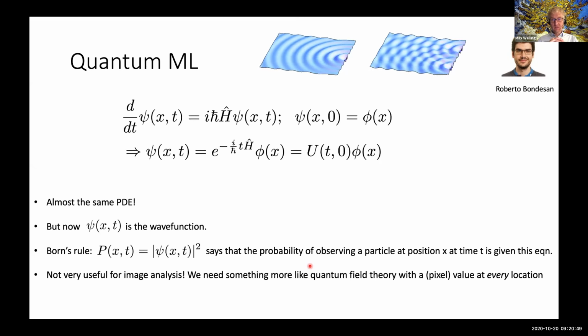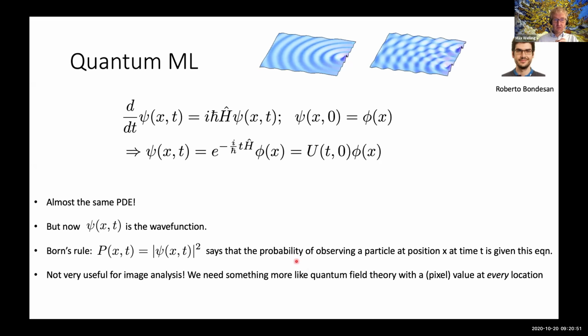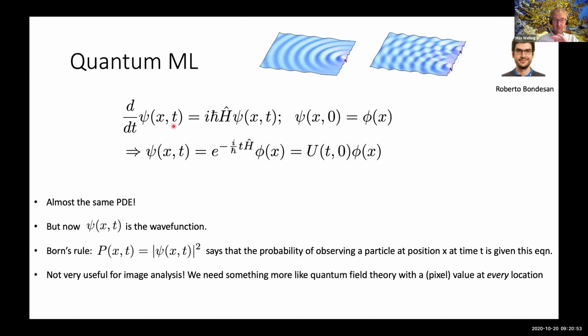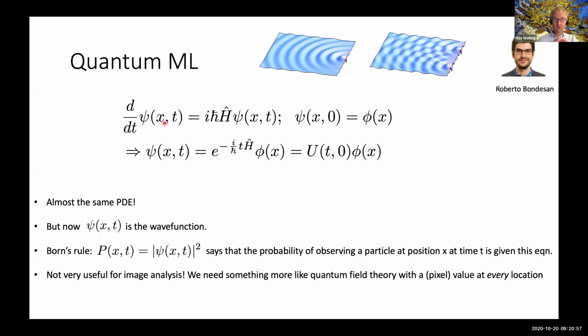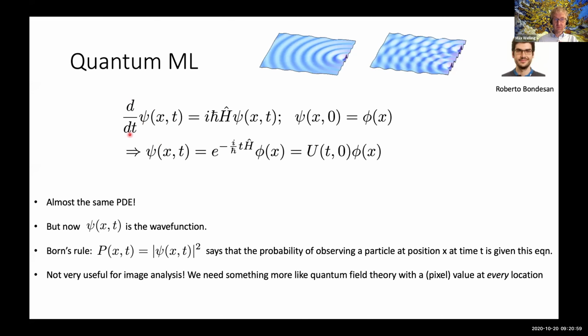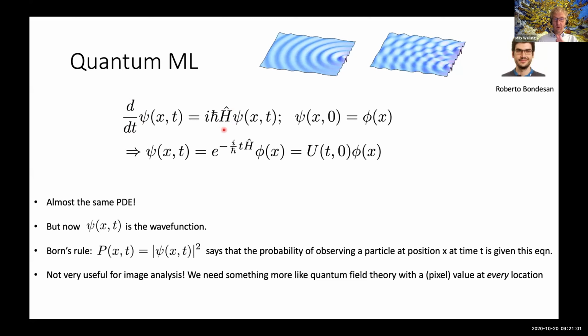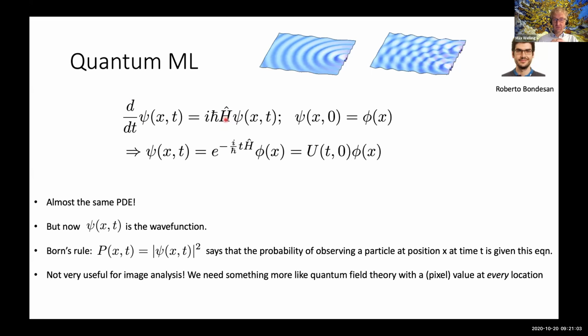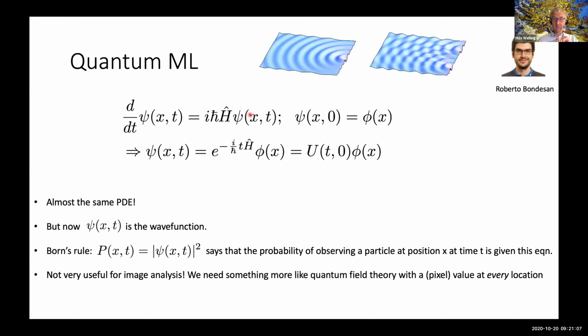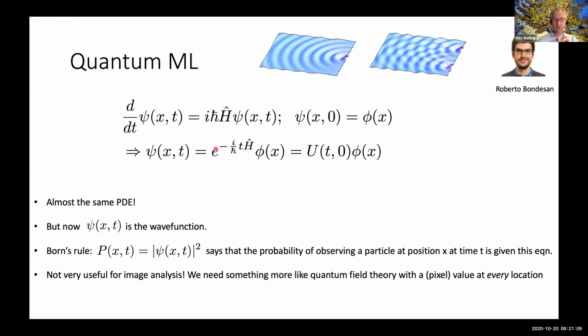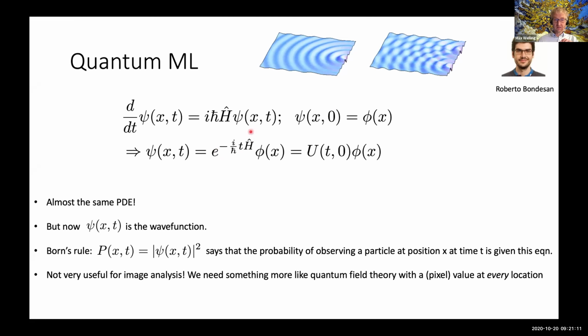And so the first thing you might think is, well, sure, okay, so we have a PDE here, where we have some wave function now, also a function of x and t, and there's a time derivative. Then here there is some operator, typically it also has derivatives in it, similar to the one that I showed before. And then there's an initial condition, and you solve it in exactly the same way, right?